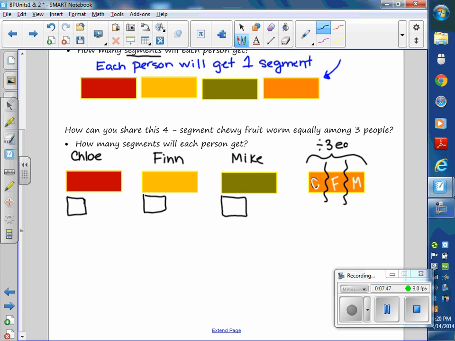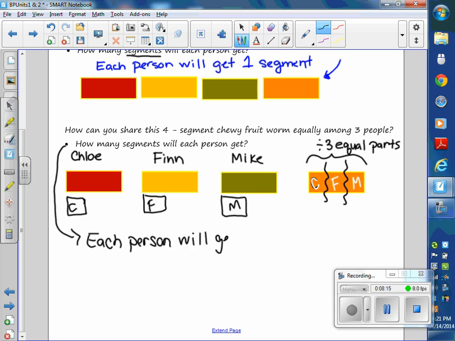It has to be equal parts. And then you're giving Chloe her part, Finn his part, Mike his part. And so, to answer this question, each person will get 1 1/3 segments.